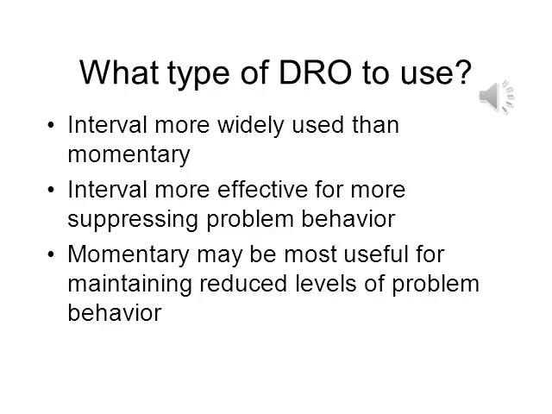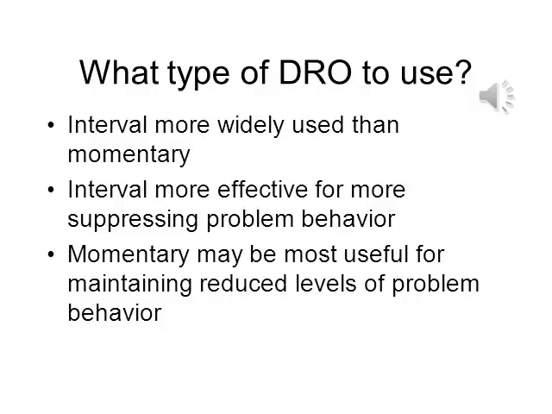Let me also note at this time that I did ask you to read some review articles about the use of differential reinforcement that provide some more specific information, and I really encourage you to do that. Interval DRO has been more widely used than momentary. There's clear evidence to me that it's more effective for initial suppressing of problem behavior. But momentary DRO may be very useful for maintaining reduced levels of problem behavior once they're down to a low level.